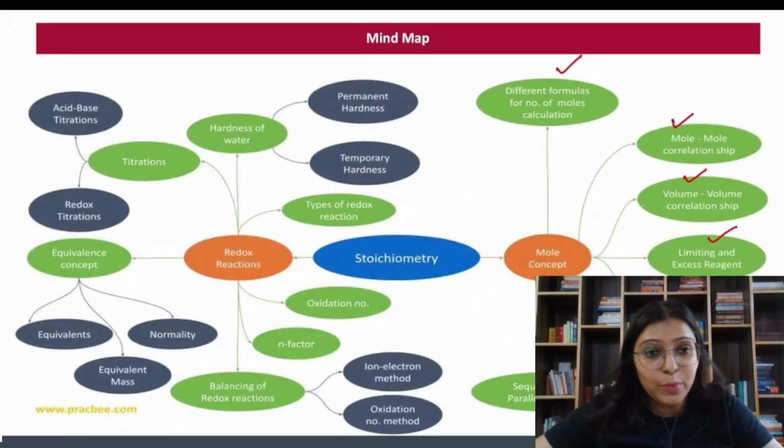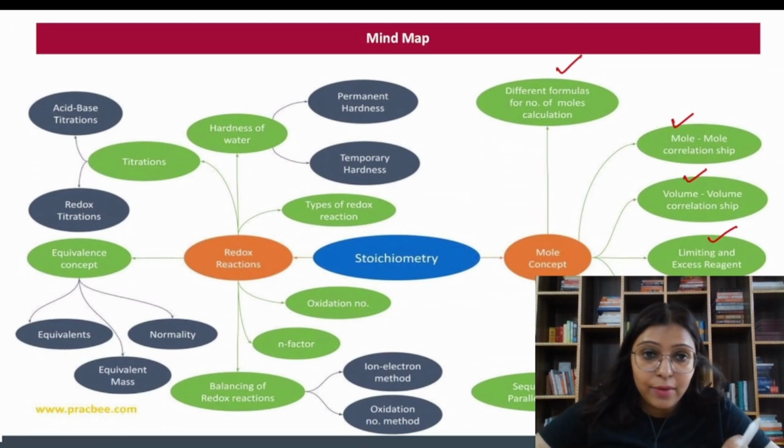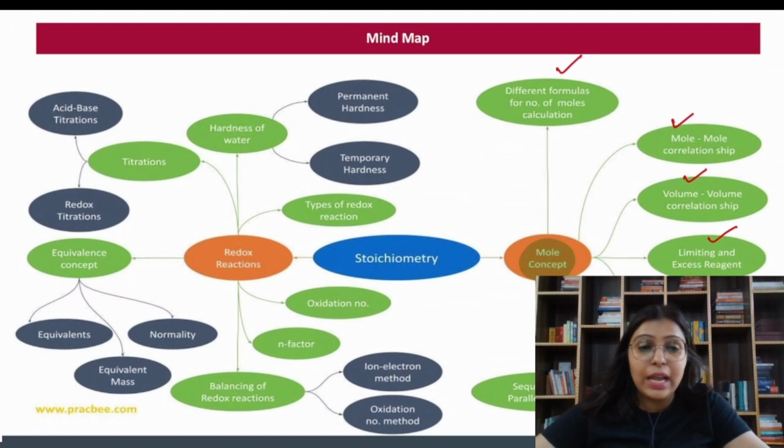Before solving the questions, you have to revise the following topics. In the mole concept, you have to understand the different formulas which are useful to calculate the number of moles. Then the stoichiometry part, where you apply the mole concept in chemical reactions.